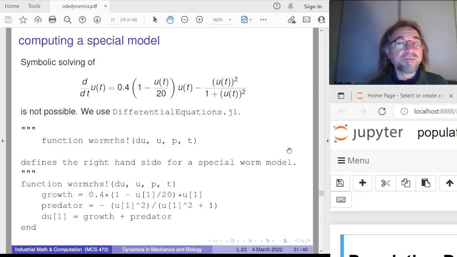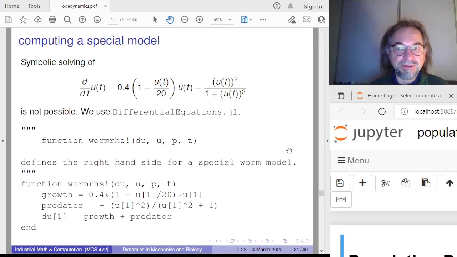Okay, let's compute a solution. We will take the parameters 0.4 and 20 for R and Q. The symbolic solver actually gave up on this, so we had to use the numerical solver. Good that we practiced this in the beginning of this lecture. So we have to define a function.